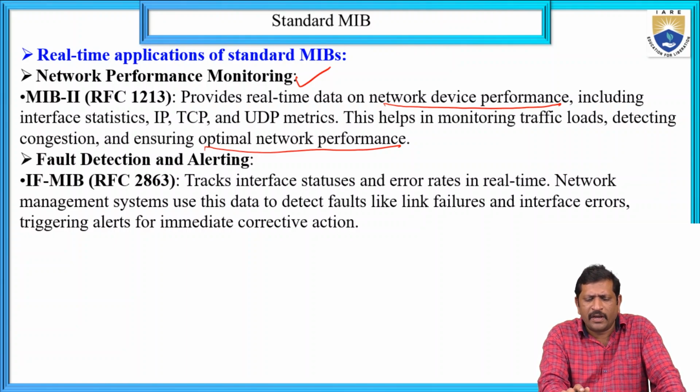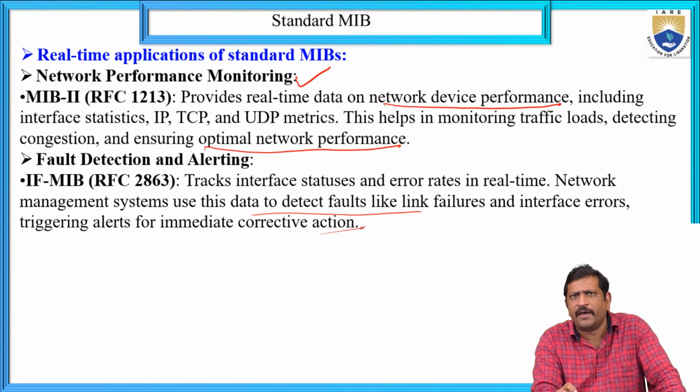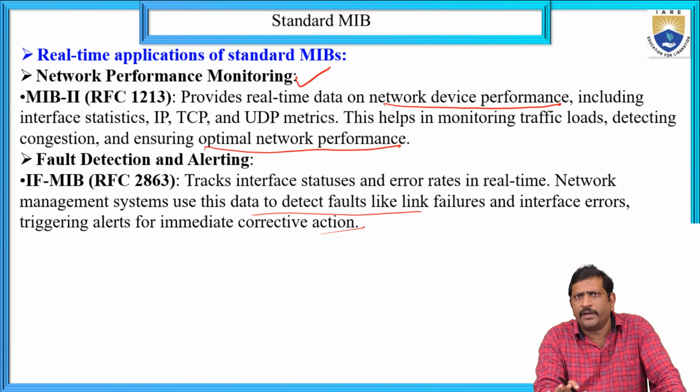The network management system uses the data to detect faults like link failures or interface errors, and triggers alerts for immediate corrective actions. That means the IF-MIB does fault detection and alerting.